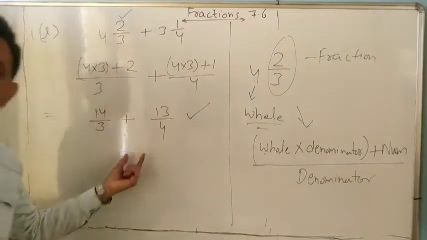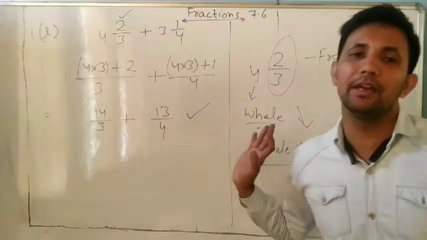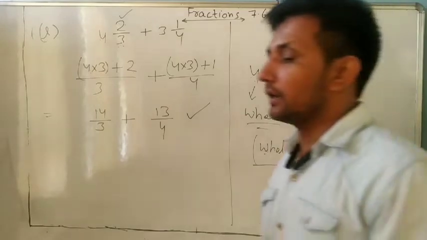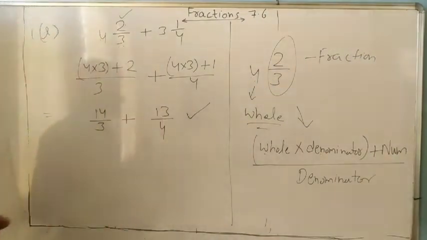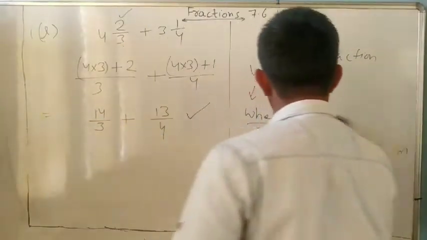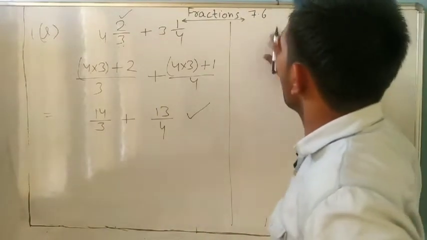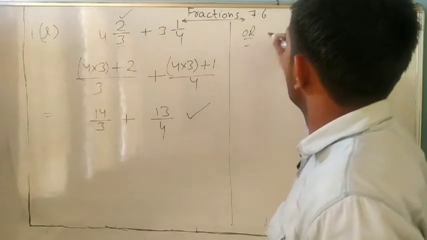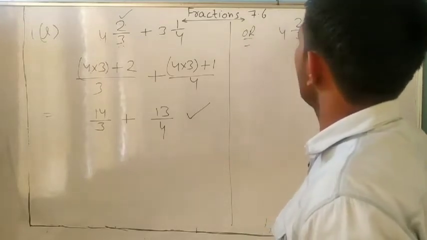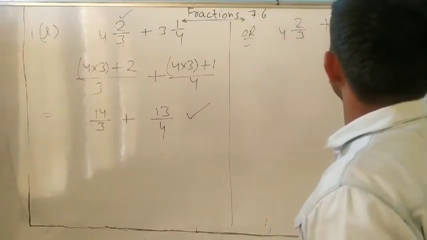Now you can solve. How will we add? By taking the LCM and solving it. And the second method: you can solve like this. 4 and 2 upon 3 plus 3 and 1 upon 4.